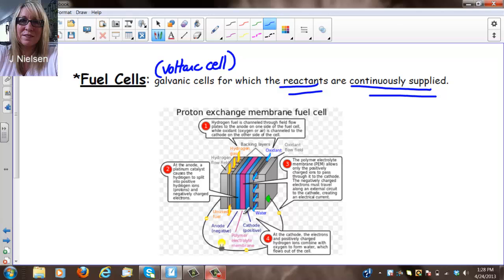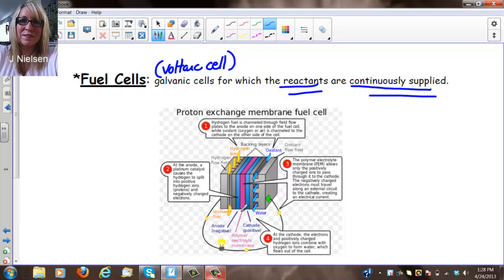So down here in the middle, you've got your polymer electrolyte membrane, which allows certain things to pass through. Here's your cathode, which is positive because this is a voltaic cell, and your anode, which is negative.